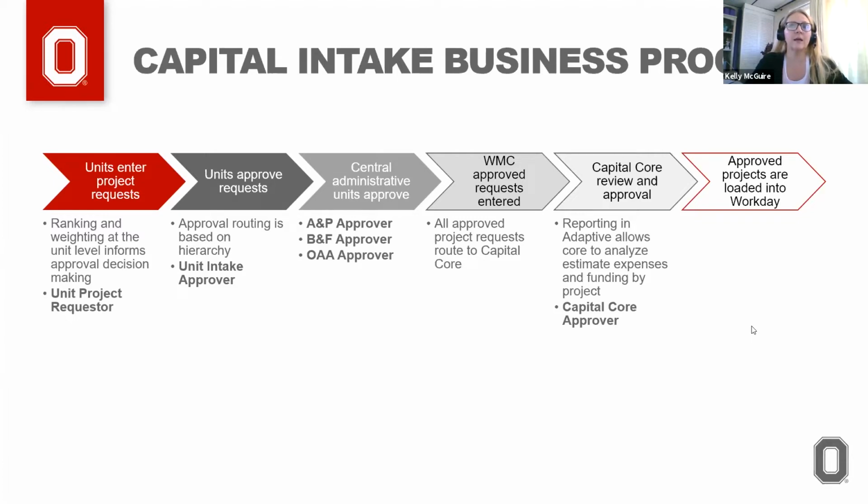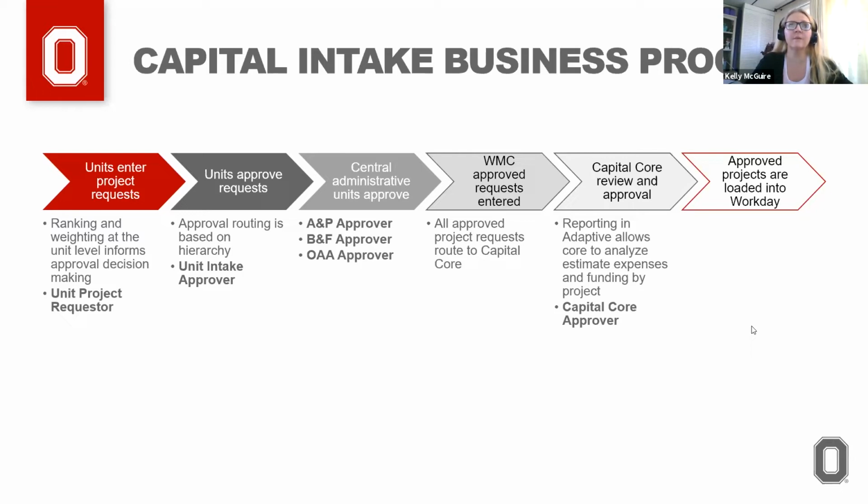In eBuilder, the FOD will create the estimate and then communicate the estimate details back to you, the requester. The details then need to be entered into Adaptive for the review process to continue within the unit. Once a request is approved, it will be integrated to Workday, where accounting, project details, tracking and completion take place. There are columns identified in Adaptive around eBuilder that you will need to populate, and we'll review those during the training today.